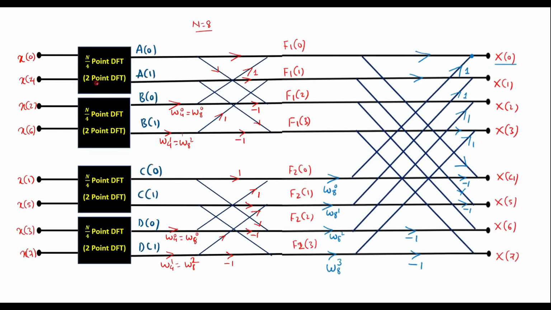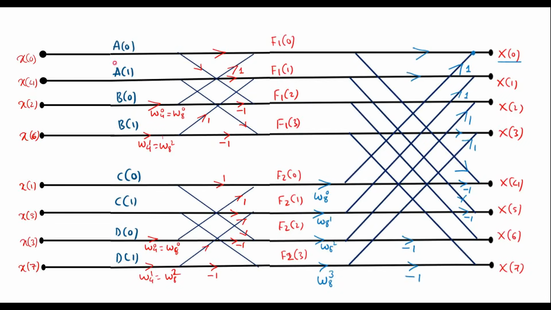So for the first 2-point DFT, the outputs are A of 0 and A of 1. In general, the output of the first 2-point DFT is represented as A of k is equal to, the inputs for the A variable are x of 0 and x of 4.